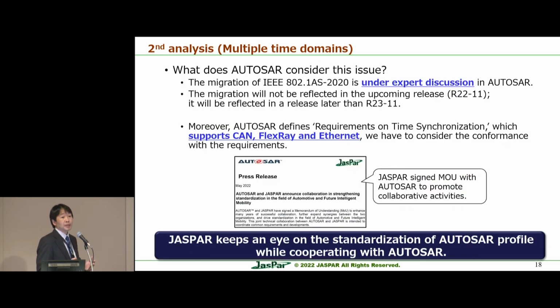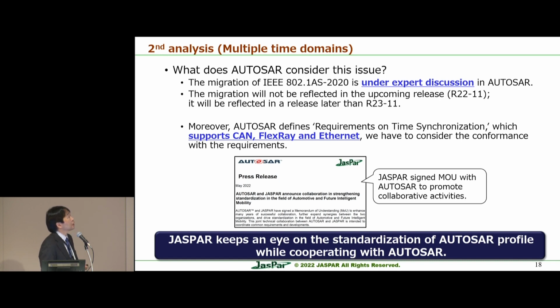So we explain the difference between the DG and author. What does author consider this issue? JASPAR signed an MOU with author to promote collaborative activities. According to JASPAR's understanding, the migration of the AS 2020 is under expert discussion in author.